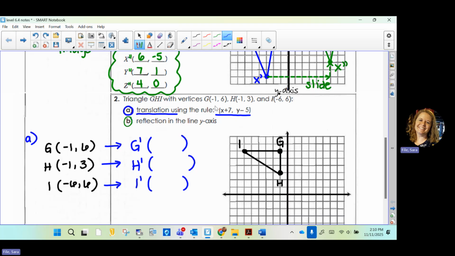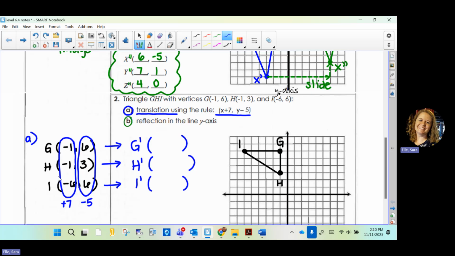All right. I've listed G, H, and I over here. Now the first rule is a translation, and it says x plus 7, y minus 5. So I literally just follow that rule and take my x's, and I add 7 to those, and I take my y's, and I subtract 5 from those.